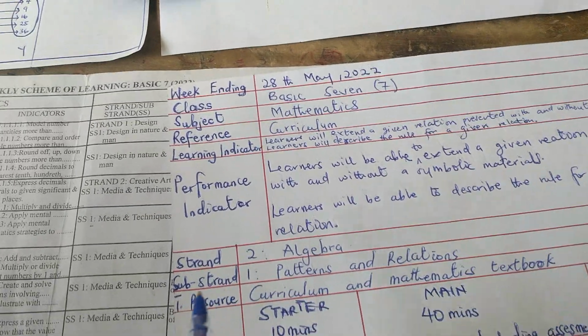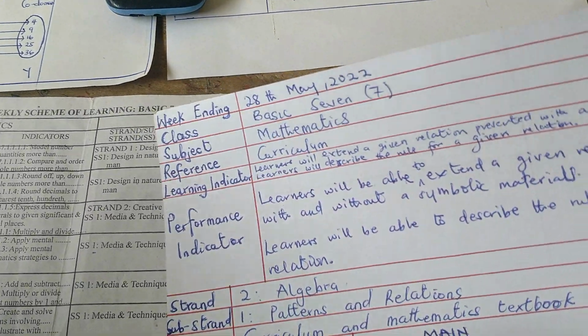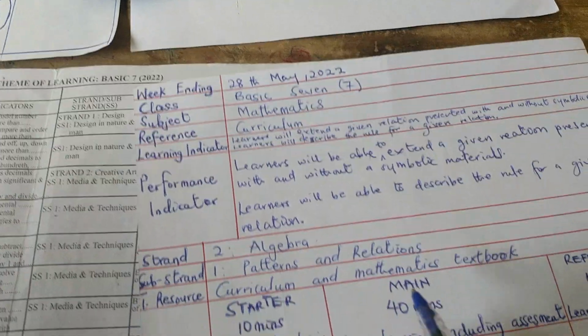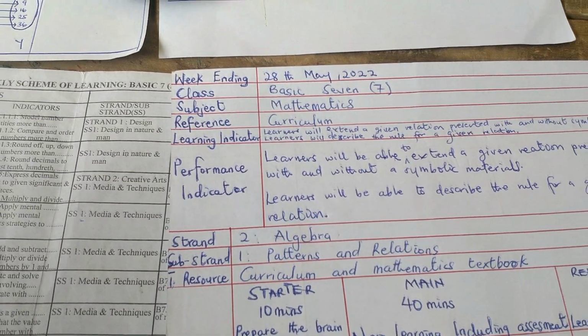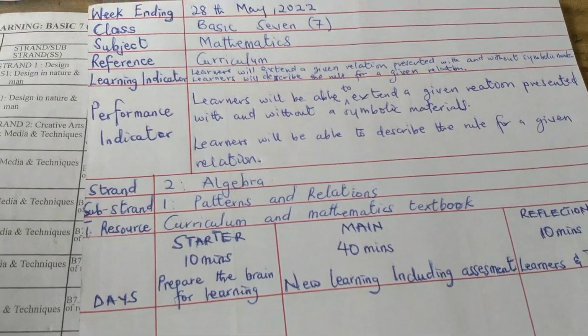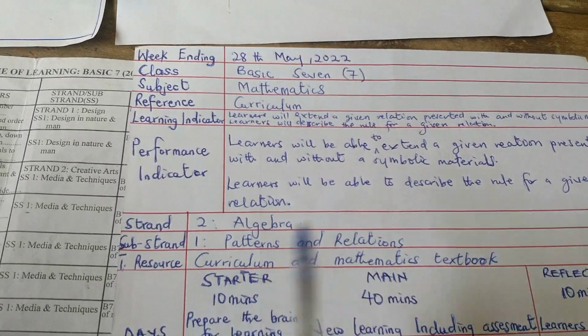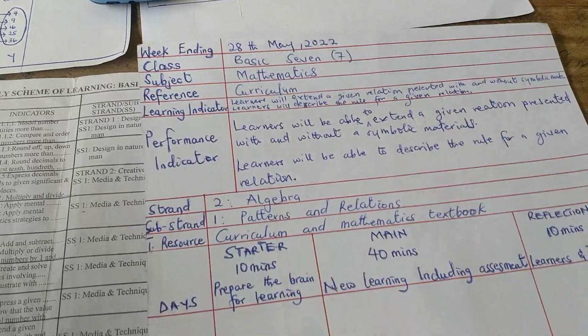Then under the substrand, you have T resource, which is teaching resource. The teaching resource simply means, when you are going to teach the case, what are the resources you are going to use? The first thing that we use is a curriculum, because we don't have the textbooks for basic 7.